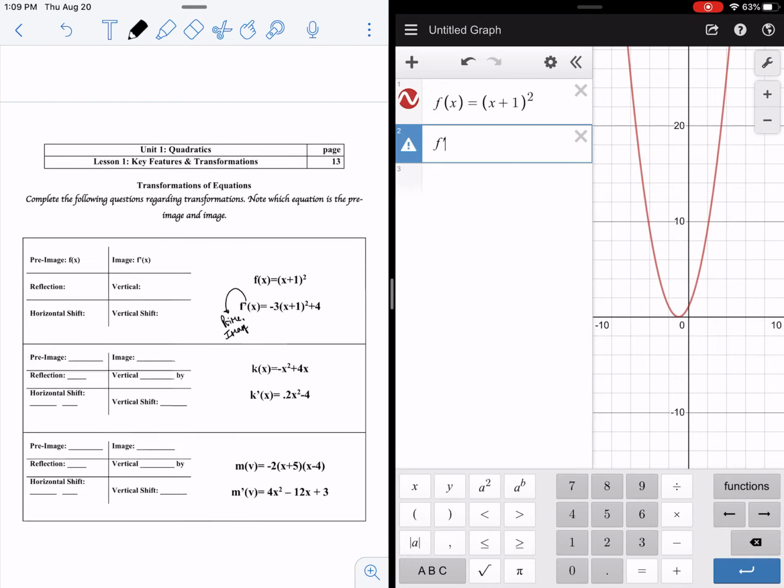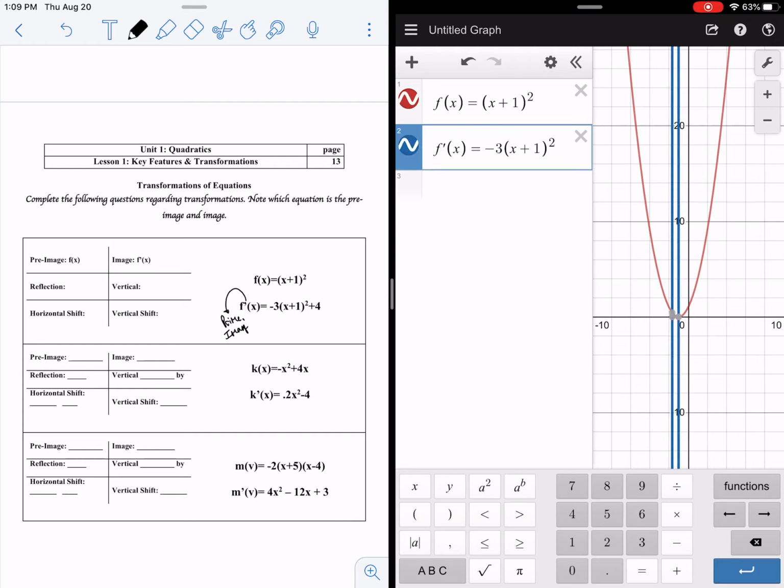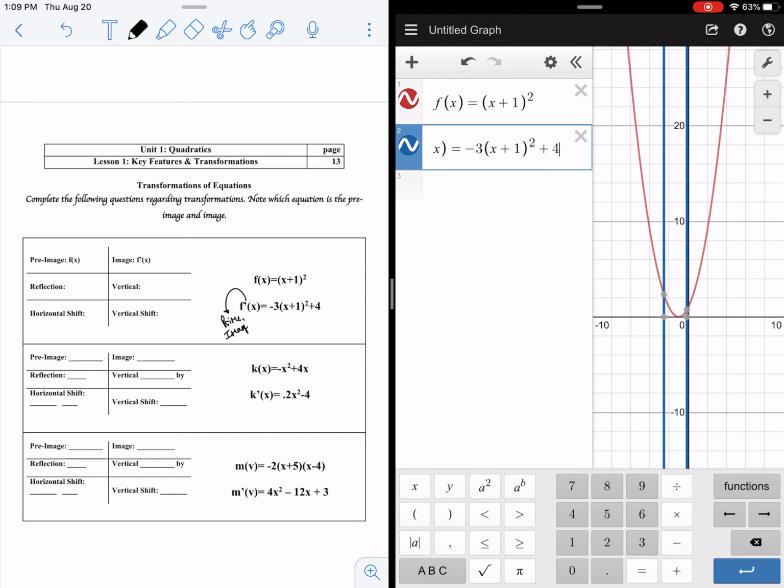So if it's got the little tick mark, it's the image, or you may hear it referred to as prime. So f prime of x is equal to -3 times (x plus 1) squared, plus 4. Again, I'm going to type the equation exactly how I see it, and I get some picture.